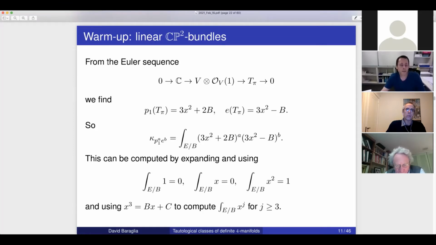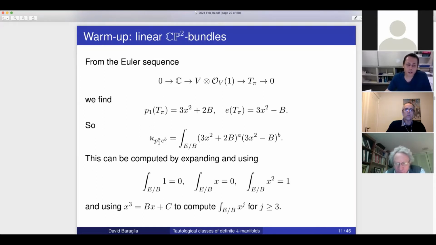So you have the Euler sequence, which describes the vertical tangent bundle. You have the trivial line bundle, and then you have V, our original vector bundle, tensor with O(1), which goes to T. So the Chern classes of T are just going to be the Chern classes of V tensor O(1), and you can use that to compute P1 and E, and you just get these simple formulas. P1 is 3x squared plus 2b, and E is 3x squared take b.